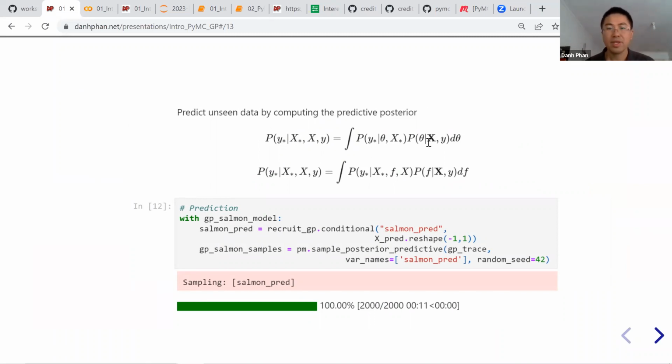So before, if we use parameter theta, and we have a new unseen data x star, and we want to calculate y star given x star and our data we have seen before, x and y, we can do integration over the theta here. While in the case of a Gaussian process, we will do integration over the latent function. Just that difference. And in PyMC, we just need to do conditional here and do sample posterior predictive of that.